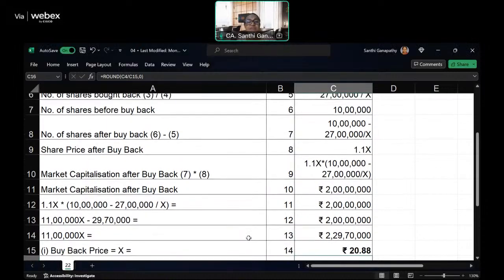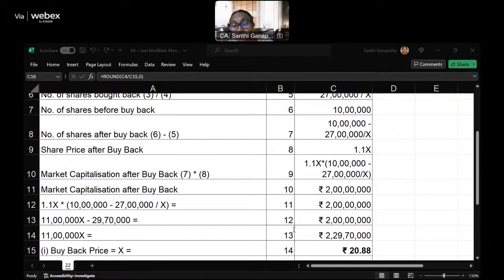Now when we solve, we find that it is 20.8. Next, we have to compute the number of shares to be repurchased. Amount is known. Price per share is known. Find the number of shares.